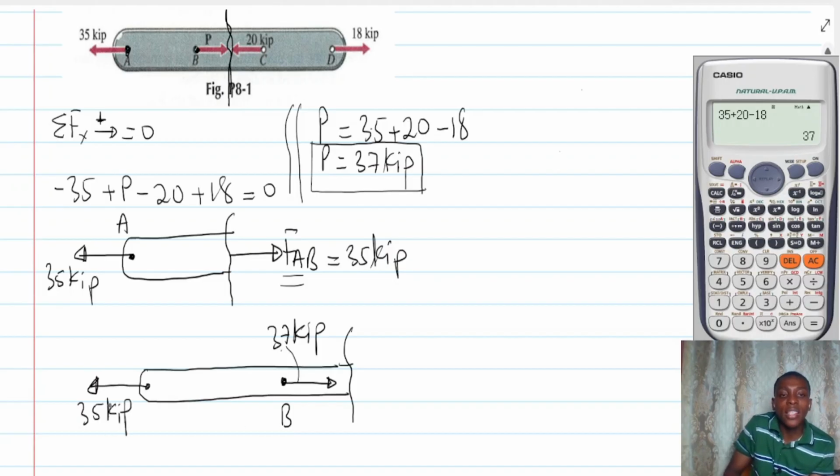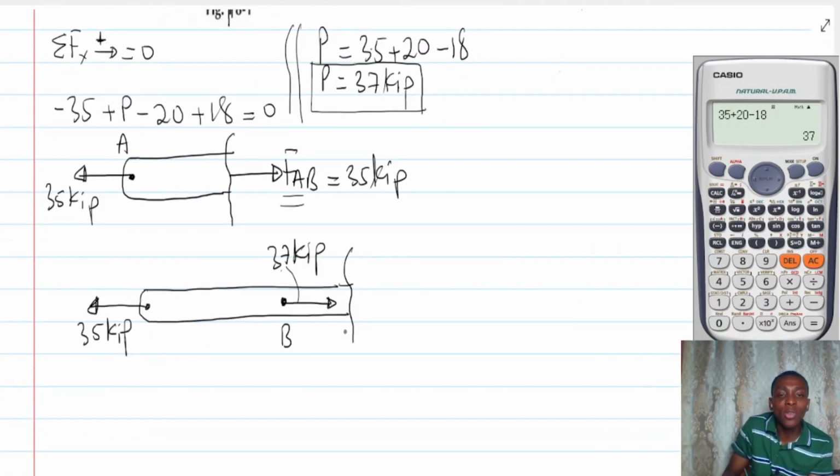So if here is 37 kip and here is 35, we need to add a force to make this be in equilibrium. And that force is the internal force in BC. To know the magnitude of the force to add, let's look at whatever we have here.